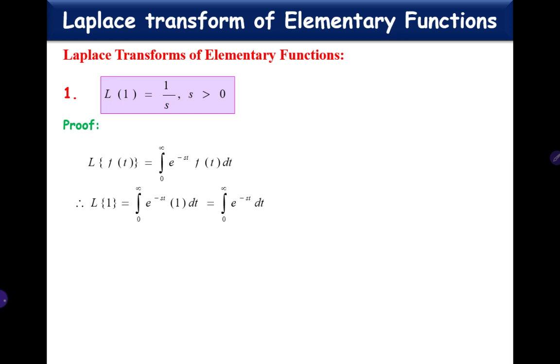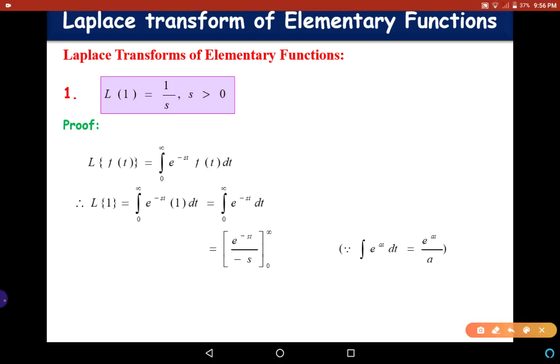That is integral 0 to infinity e power minus st dt, which is equals to e power minus st by minus s within the limit 0 to infinity, because we know that integral e power at dt is e power at by a. So in this integral, in place of a we have minus s, therefore the integral of e power minus st is e power minus st by minus s.